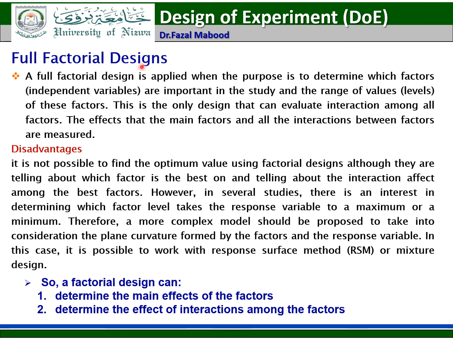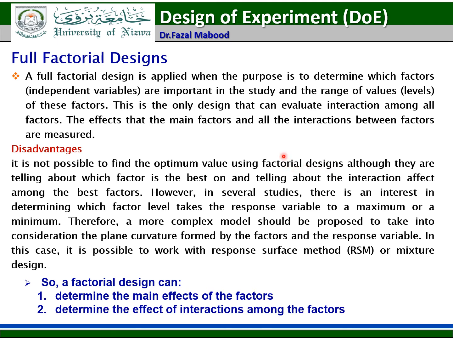Full factorial design. A full factorial design is applied when the purpose is to determine which factors are more important in the study and the range of values of those factors. This is the only design that can evaluate interaction among all factors. The main effects and all the interactions between factors are measured in full factorial design. Disadvantages: it is not possible to find the optimum value using full factorial design.